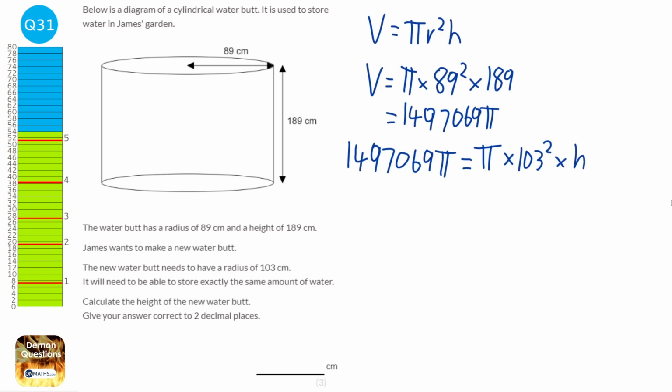Okay, first thing we can do is cross off the pi's from both sides. We don't really need them at all. Then we can get our solving lines in, and we divide both sides by 103 squared.